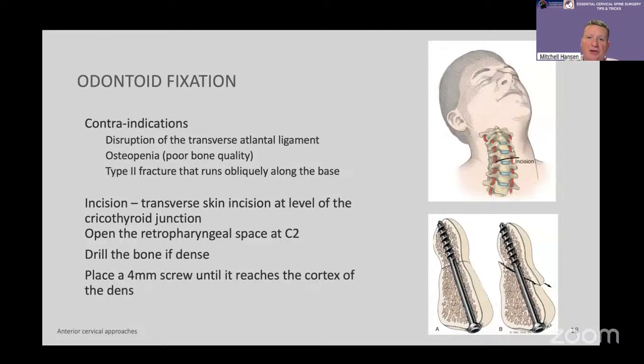Some of the contraindications for this approach, though, are disruption of the transverse atlantal ligament, and certainly if patients have poor bone quality, other methods might be looked at.